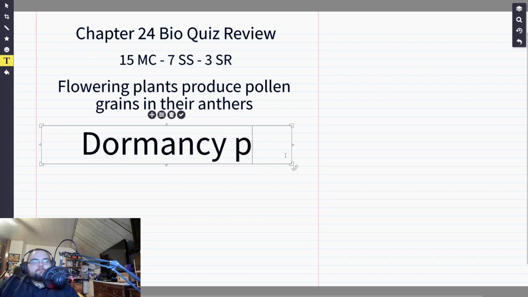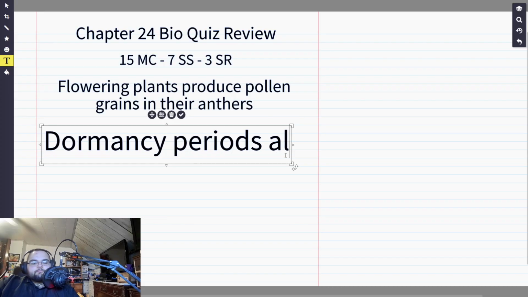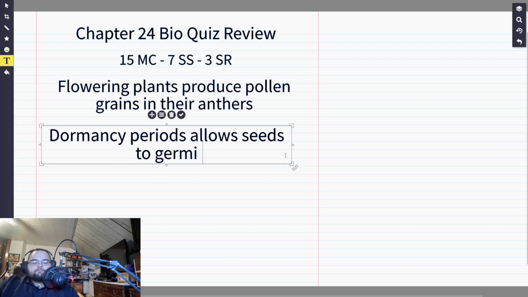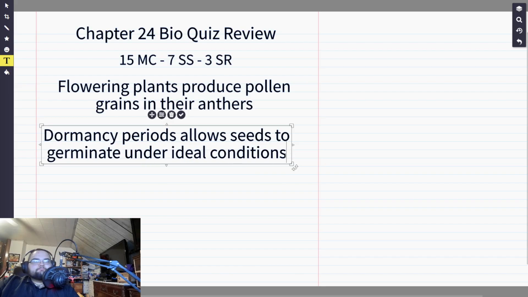Dormancy periods allow seeds to germinate under ideal conditions. Let's say that a seed gets fertilized and is ready for planting in the middle of winter. Middle of winter is a terrible time. The ground is frozen.